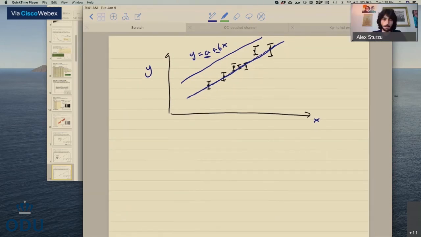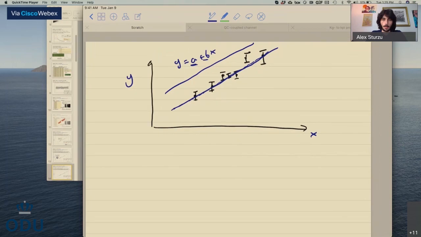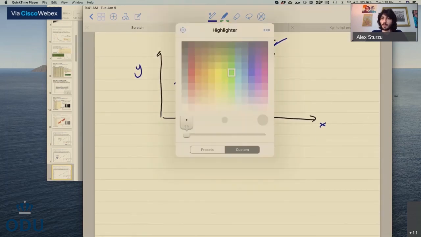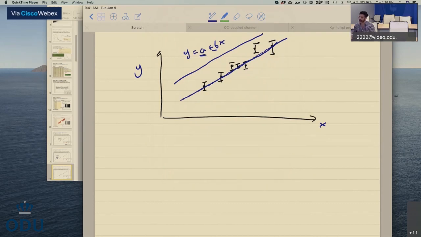Yep. All right, good. So if I then try to make a prediction about what the value of this function y is somewhere in between my data, this would be defined as an interpolation.